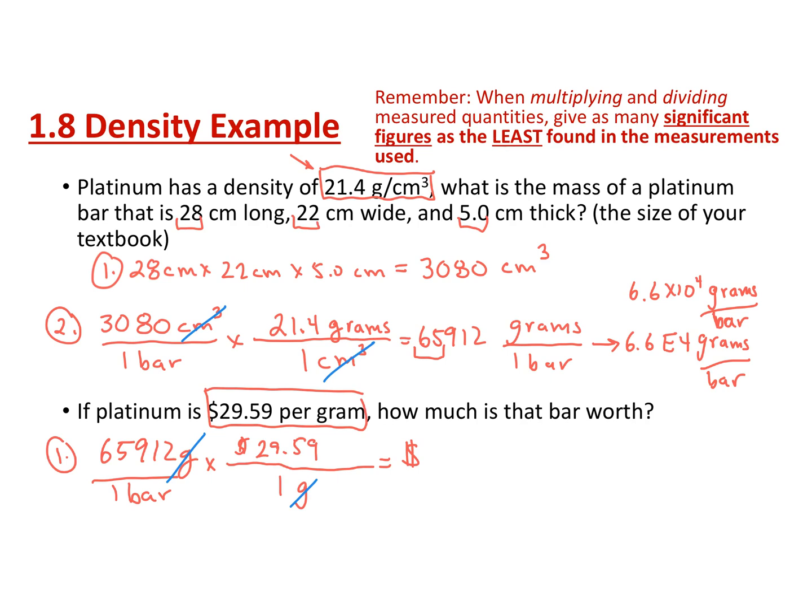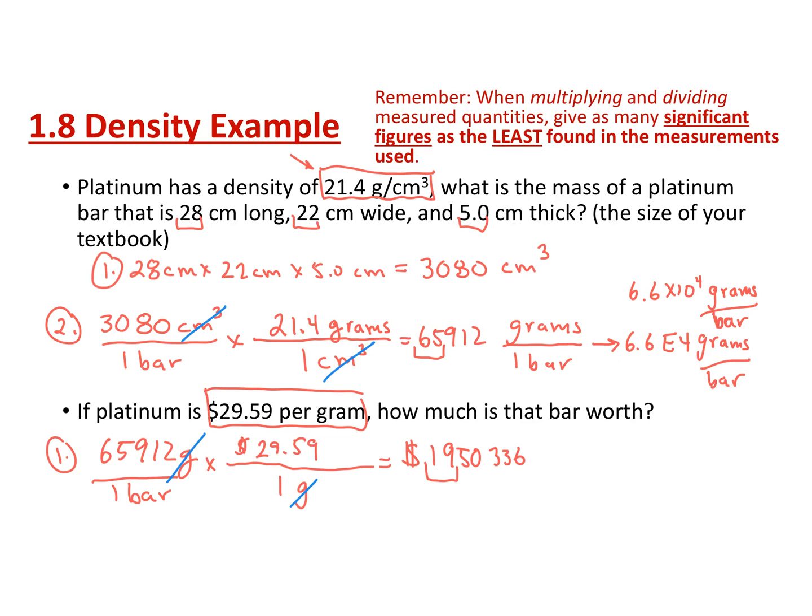So I multiply, and I should come up with an answer of approximately $1,950,336. Again, I want to report this to two significant figures. So to two significant figures, I'm going to report those two.